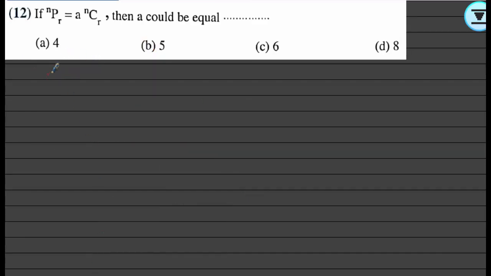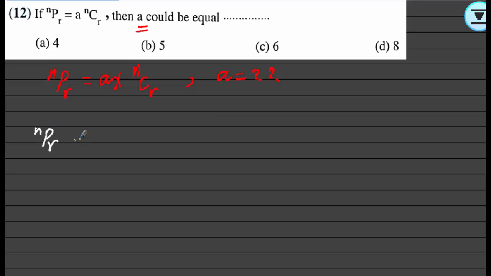Now we have NPR equals A multiply NCR, and the required here is to find the value of A. A could be equal one of these: 4 or 5 or 6 or 8.